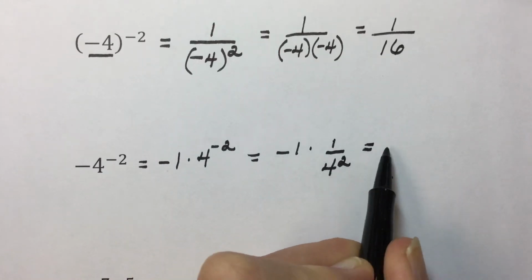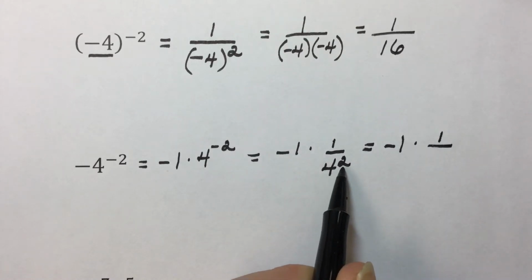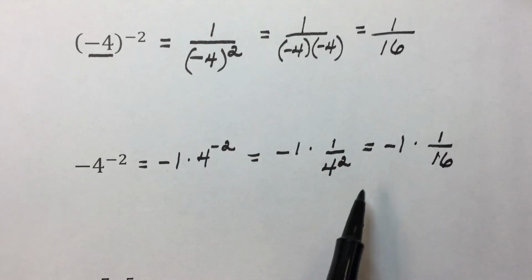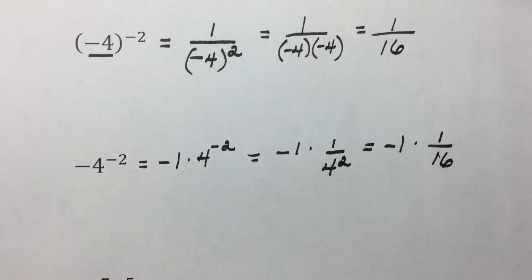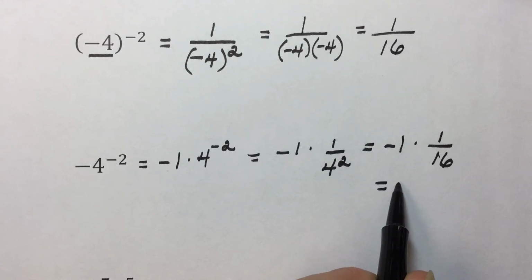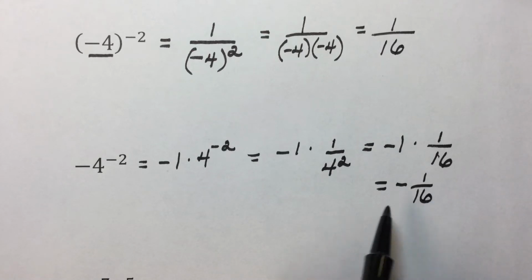Simplifying then, we have our negative 1 times 1 over 4 squared. 4 times 4 is 16. A negative times a positive is a negative, and 1 times anything is that anything. So our final simplified answer is negative 1/16, which we can write with the negative out in front.